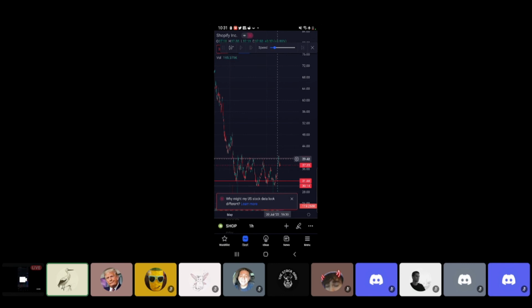But if your resistance is like $5-10 away, especially in a situation like here where it's $1 away, you may want to get a few shares here, and then leave the rest of your pot for having it hit here. And if it doesn't work out, then you want to cut it around here. But if it works out, then you're on the gravy train, and that was a really good entry.